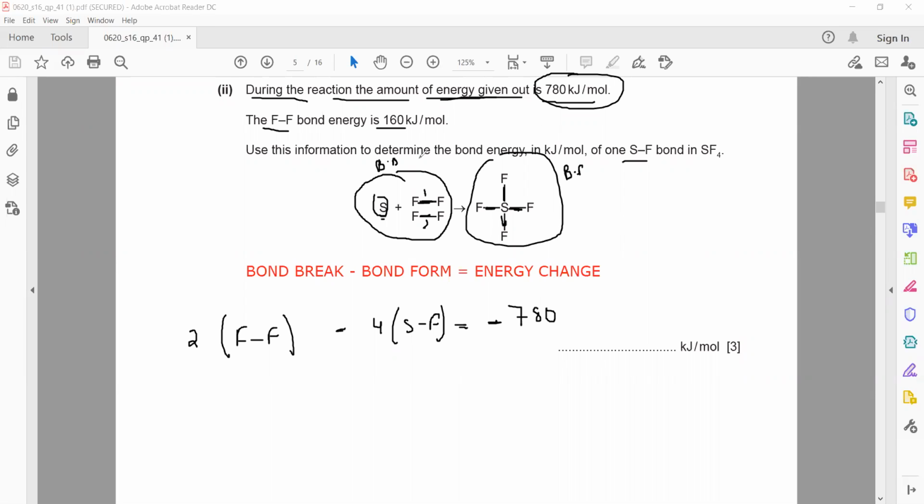Using the energy change, we can find the bond energy. So for 1 fluorine bond, the energy is 160. For two fluorine bonds, this is 160 each. The sulfur and fluorine bond is unknown. And minus 780. 2 multiplied by 160 is equal to 320.